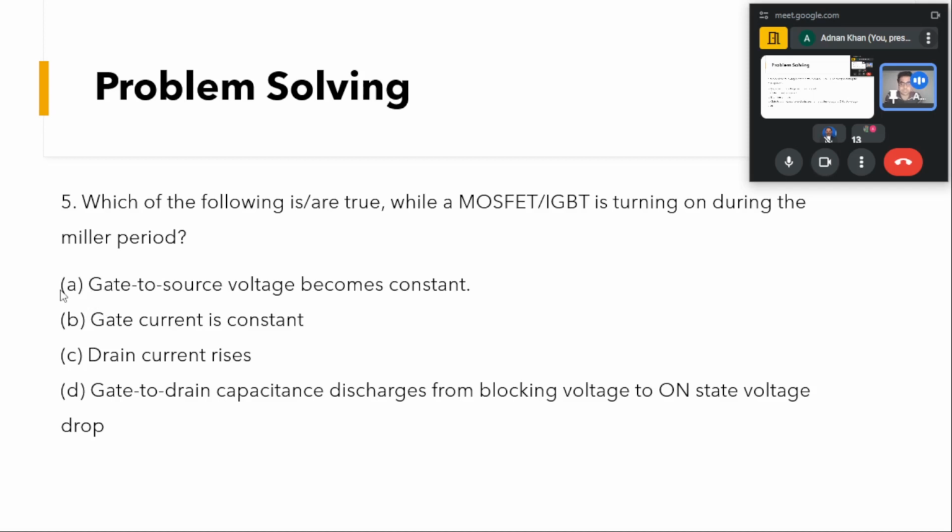There can be multiple true answers. The options: gate to source voltage becomes constant, gate current is constant, drain current rises, gate to drain capacitor discharges from the blocking voltage to on state voltage drop. Now we shall go through these things and see what happens during the turning on of the device during the Miller period.